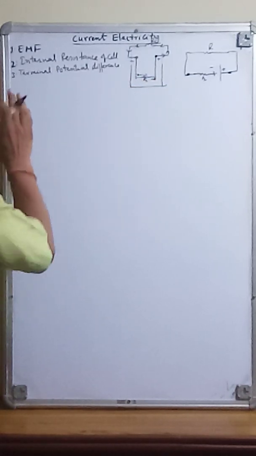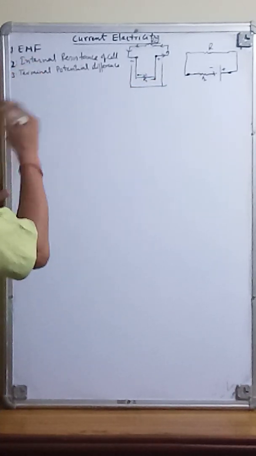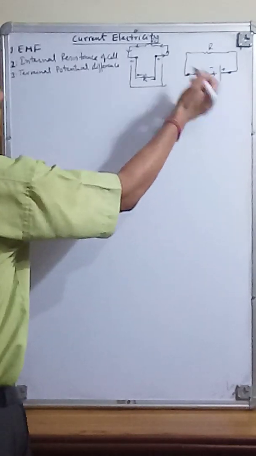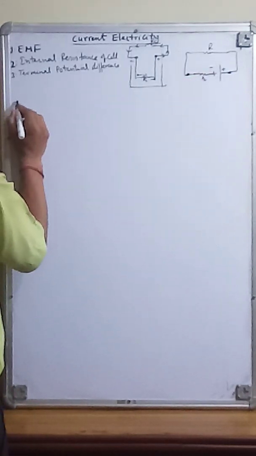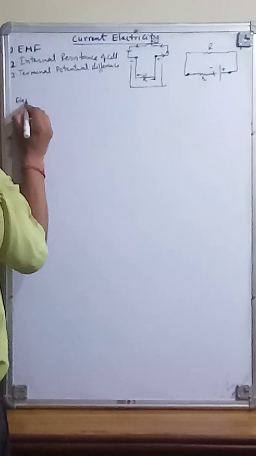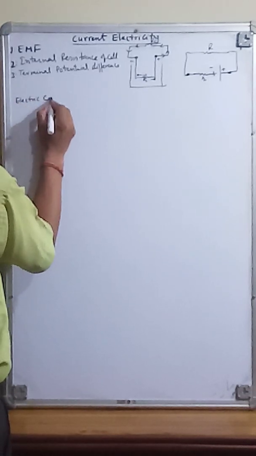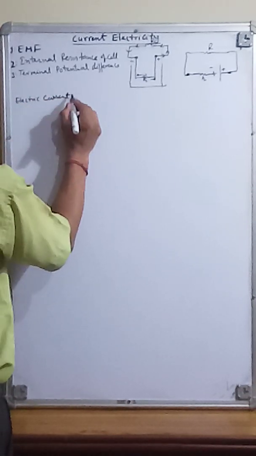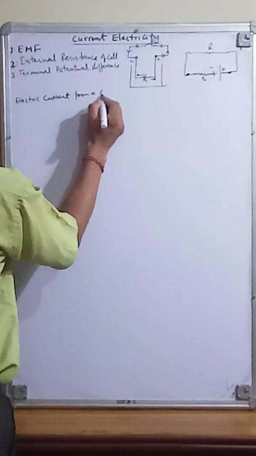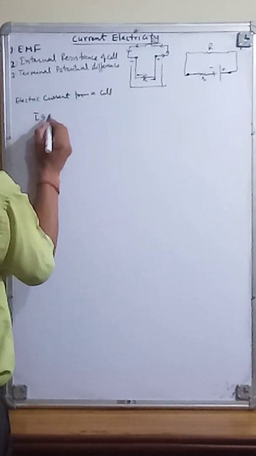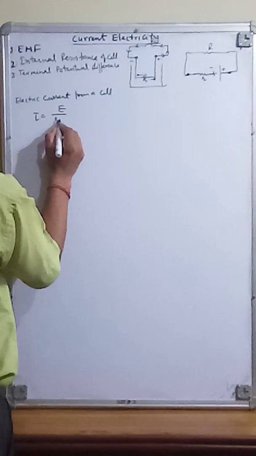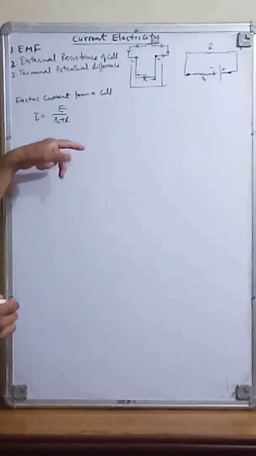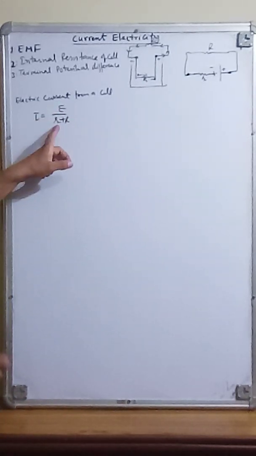Now let us discuss the current taken from the cell. This is important. The electric current from a cell is given by I equal to E upon R plus r. This is the relation where E is the EMF, and small r is constant for a cell.